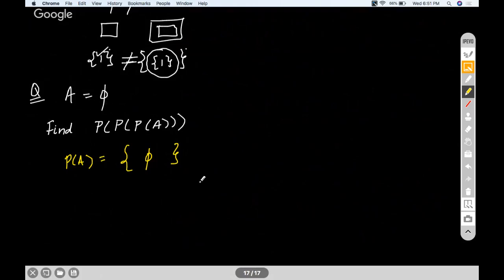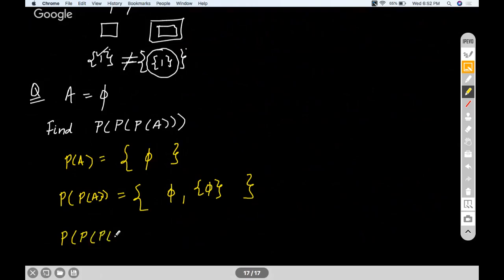Okay. Now, what will be power set of power set of A? It will contain a set which contains the null set and the set of null set. Are you getting this? Okay. Now, what will be power set of power set of power set of A?